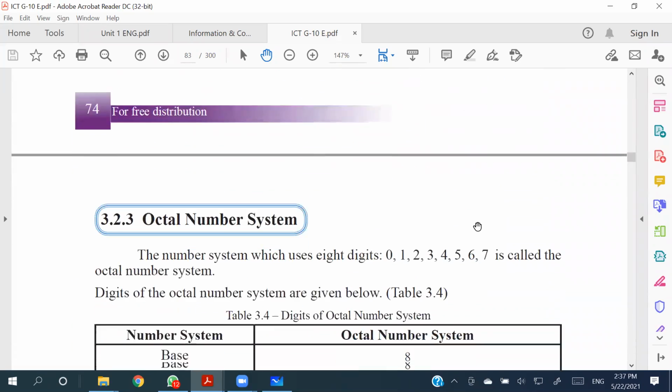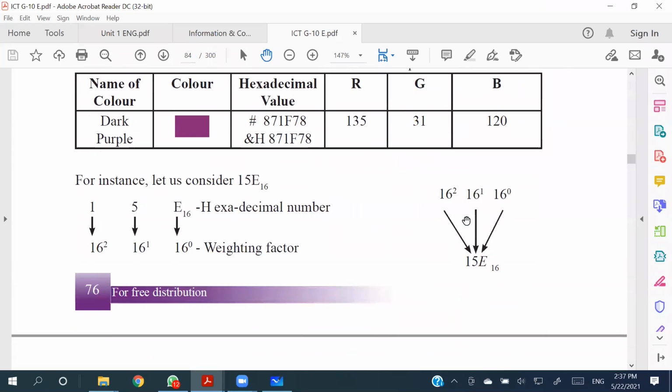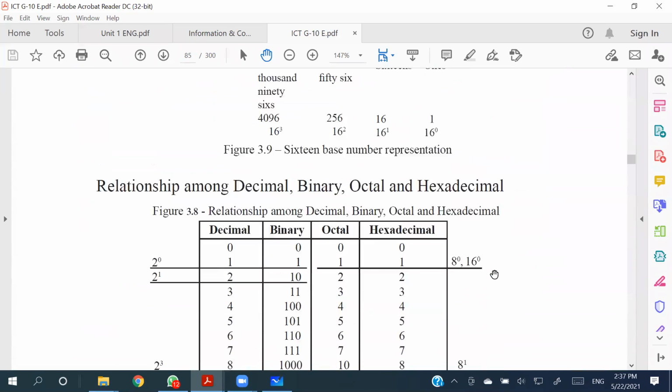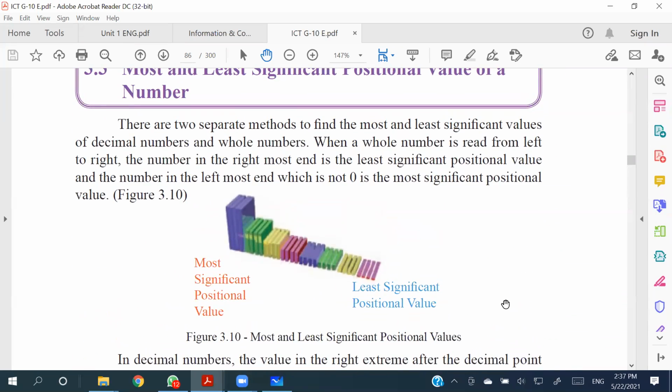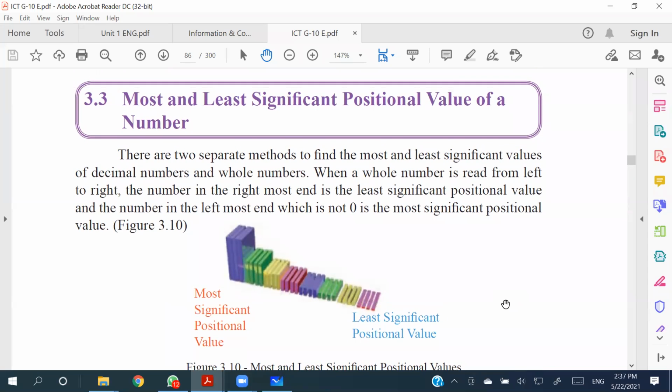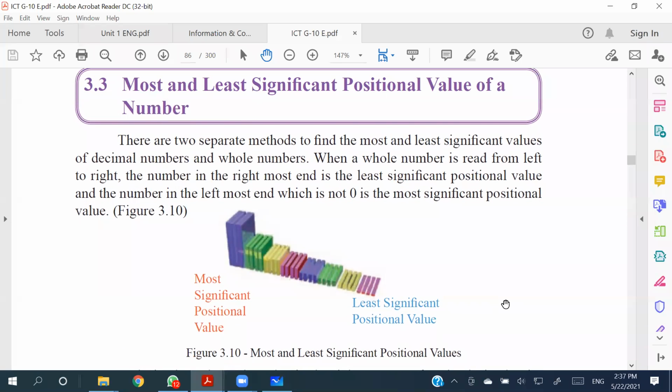Before we go to the number system conversion, we need to know about the most significant bit and the least significant bit. So let's first learn about them.